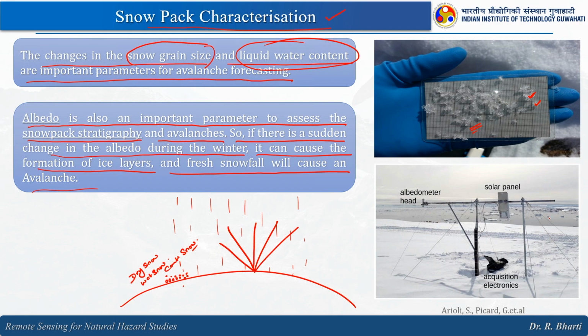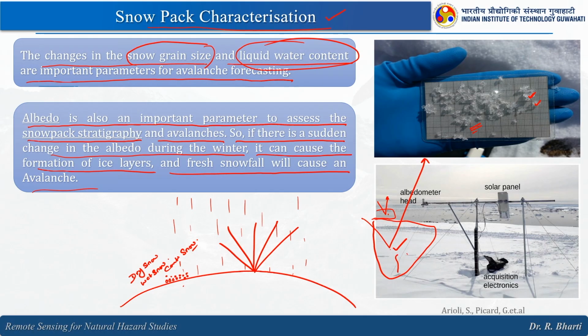Let us say here you see, if you consider this particular snow, this is bright, right, but if you consider this part, it looks like dirty snow. Assuming these are two different types of snow, here the albedo will be less, but here the albedo will be very high, right. If there is a change in the albedo, what will happen?